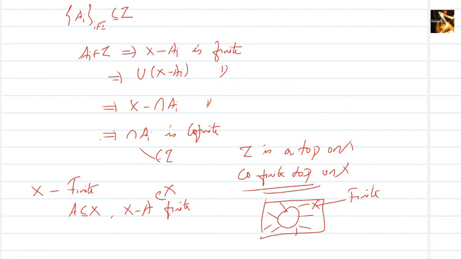So X minus A is finite for every A subset of X. That means every subset of X will be a member of tau. Then clearly every singleton subset is also a member of tau. That means this is nothing but the discrete topology.